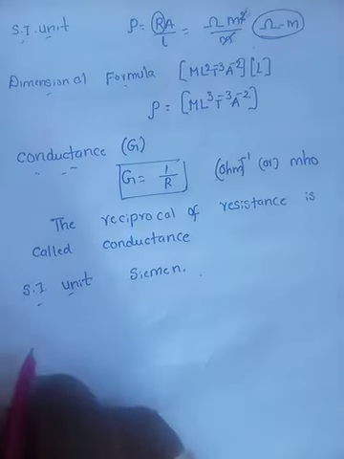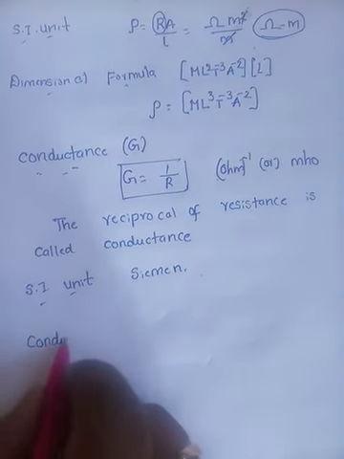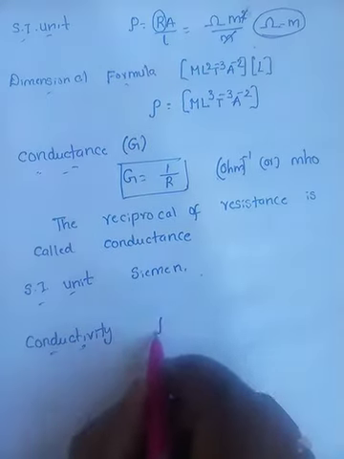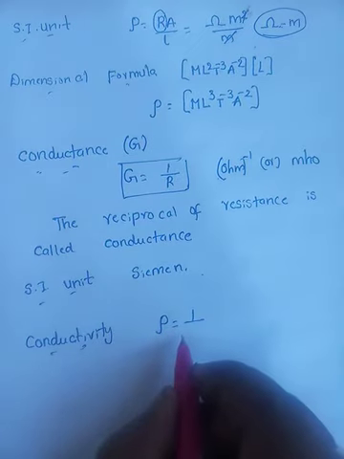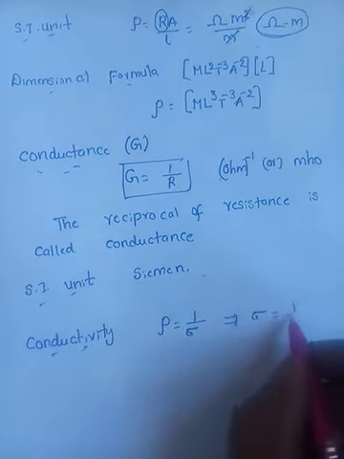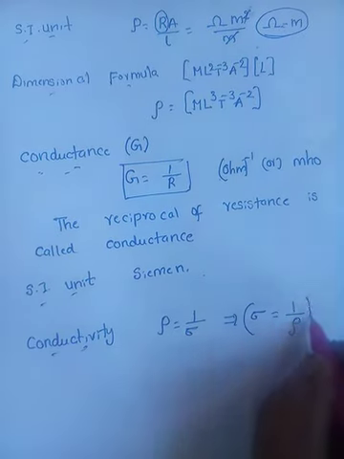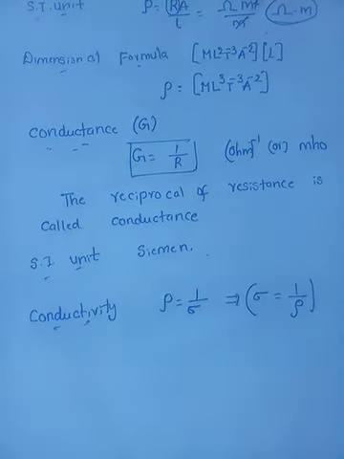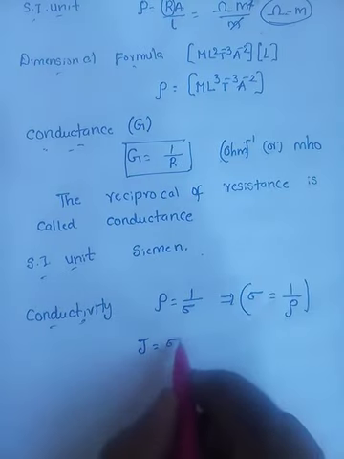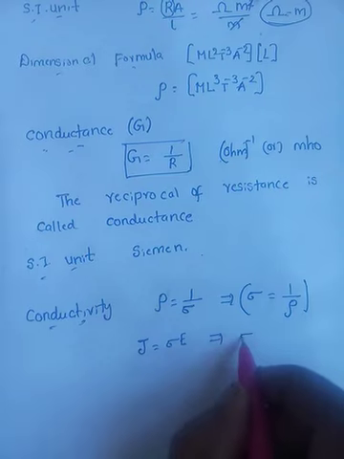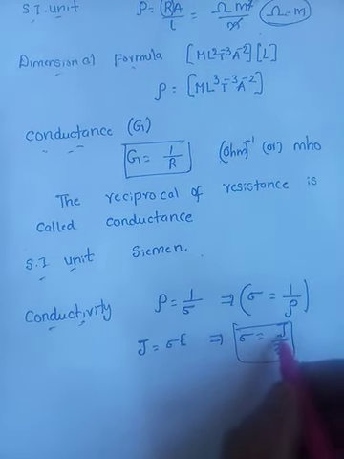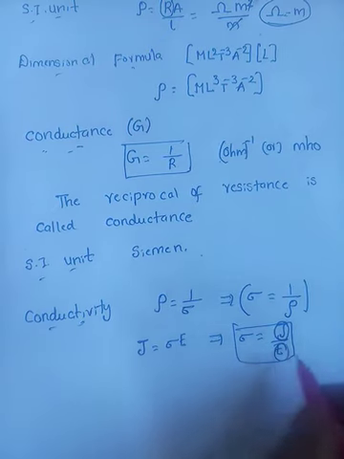There is one more quantity called conductivity, which is the reciprocal of what? Resistivity. Rho is equal to 1 by sigma, or sigma equals 1 by rho. The representation of conductivity is what? Sigma. Now, there is one more definition that we will derive later. J is equal to sigma E. From that, sigma is equal to J by E. As we know, this is what? Current density, and this is electric field.